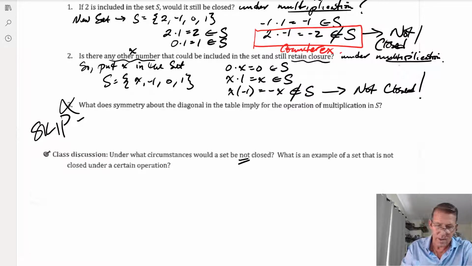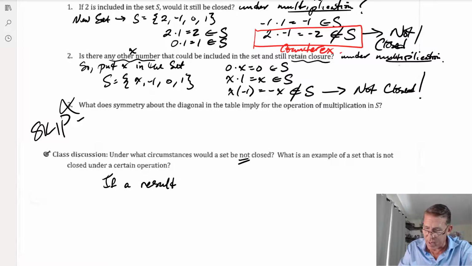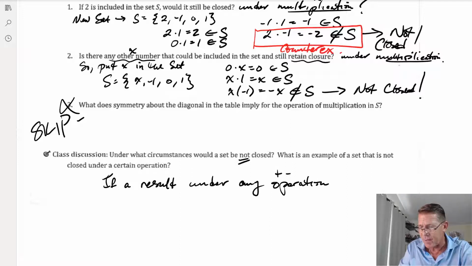That's the idea. So if a result, under any operation, I don't care what operation you pick, whether it's adding, subtracting, dividing, multiplying, square rooting, squaring, I don't care what the operation is.